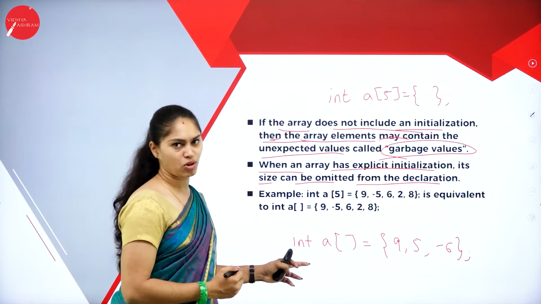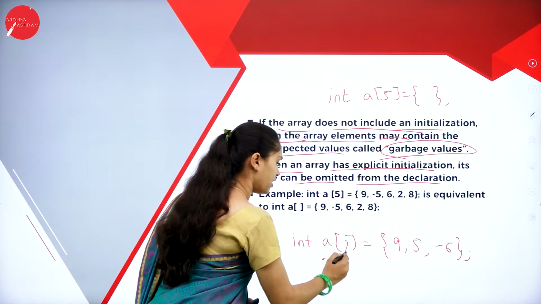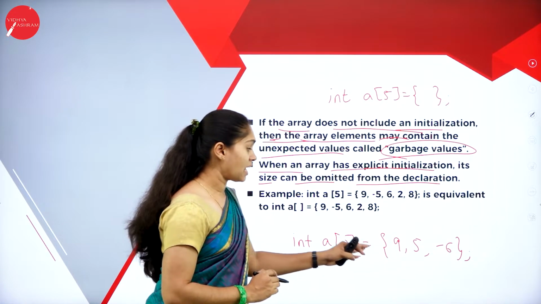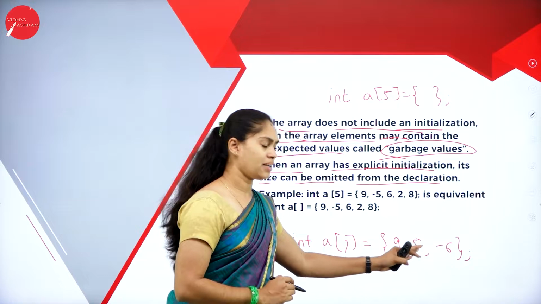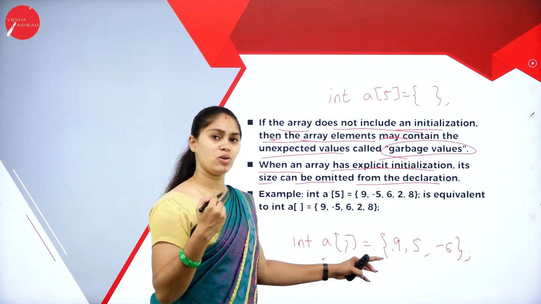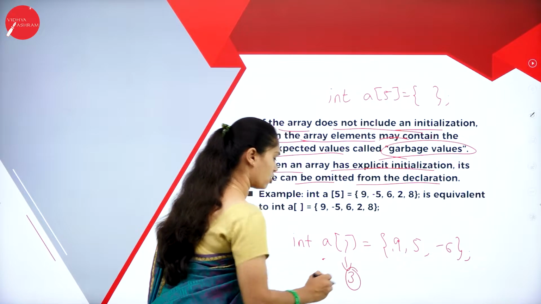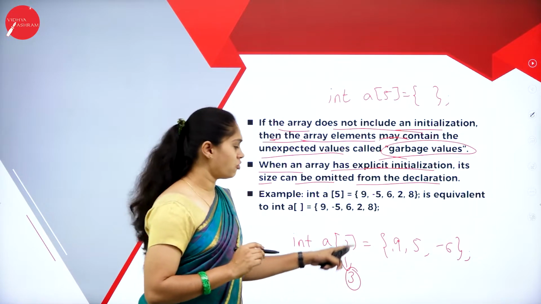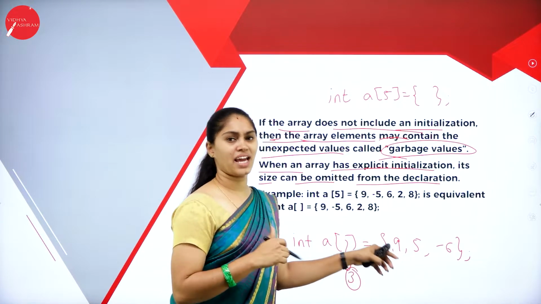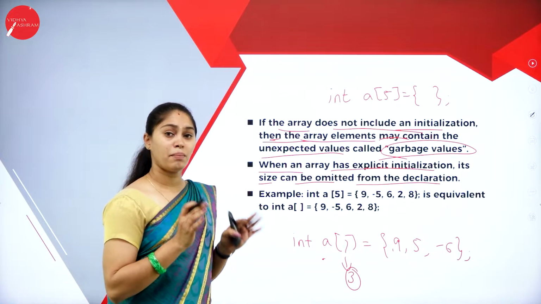I have a data type called int and the array name is a, but here I am not taking a size. Are we taking a size? No. But I am initializing 9, 5, minus 6. At that time, the compiler will by default assign the size as 3. We are not specifying the size, but we are giving the elements. Based on that number of elements, the size will be computed on its own.